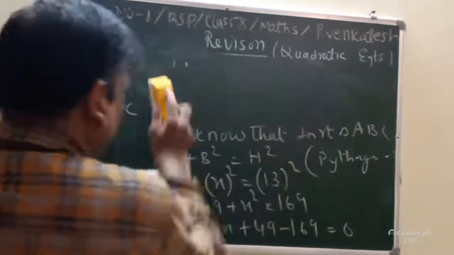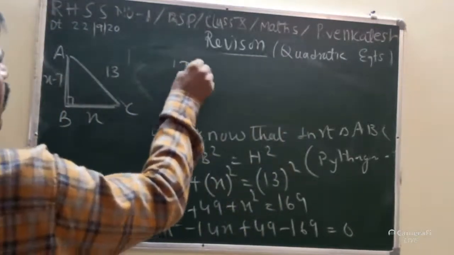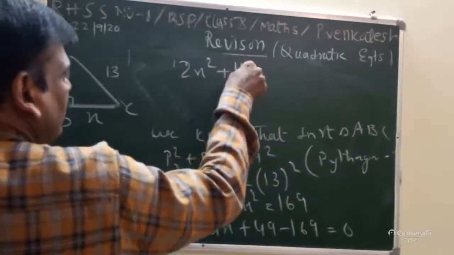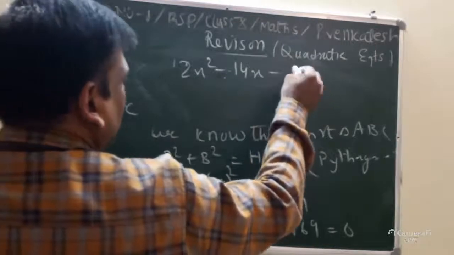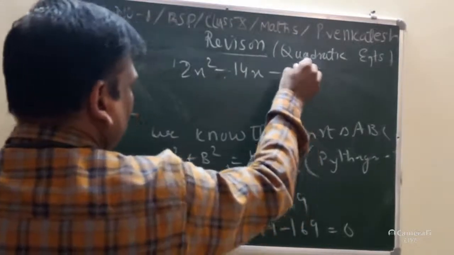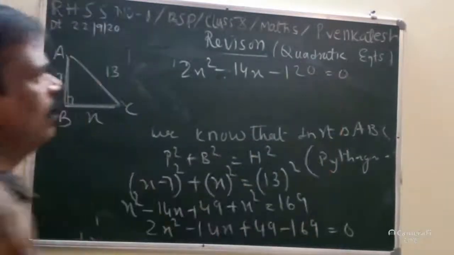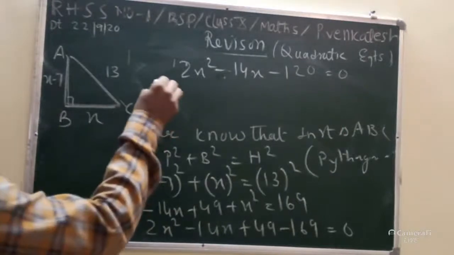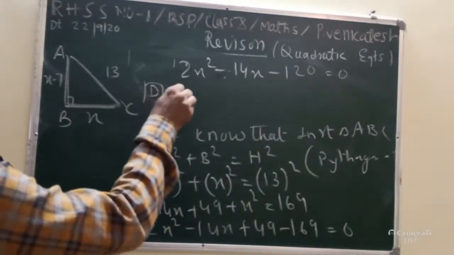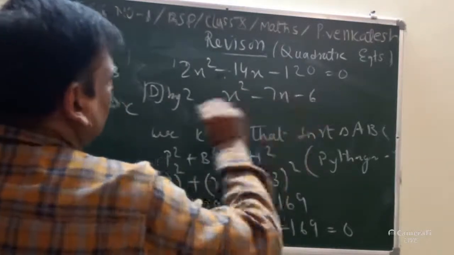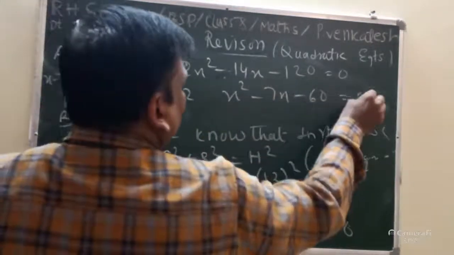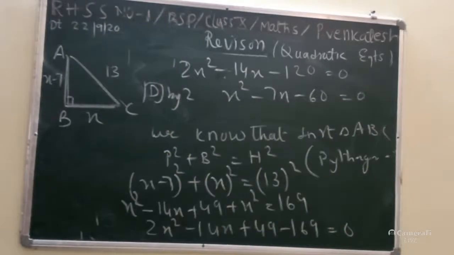So 2x square minus 14x minus 120 equal to 0. Now further you can simplify by dividing by 2. That will be easy: x square minus 7x minus 60 equal to 0.